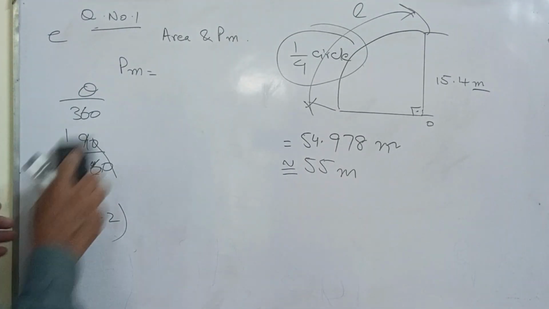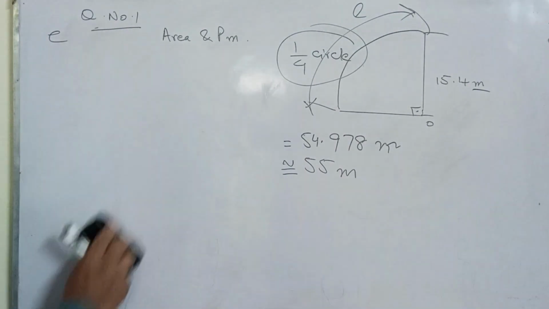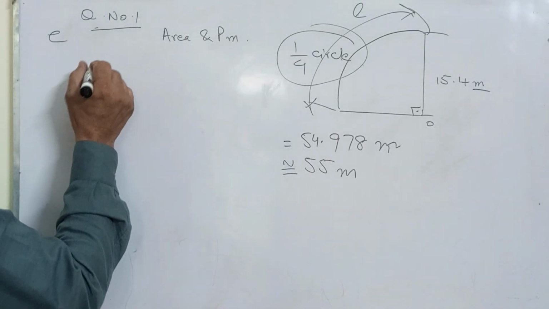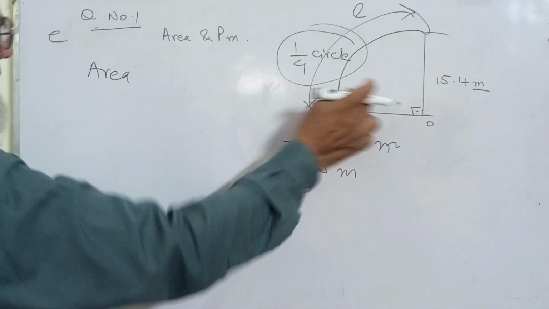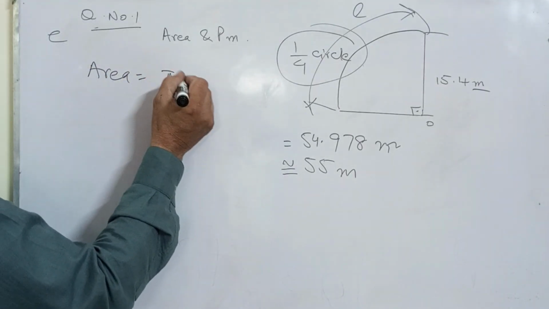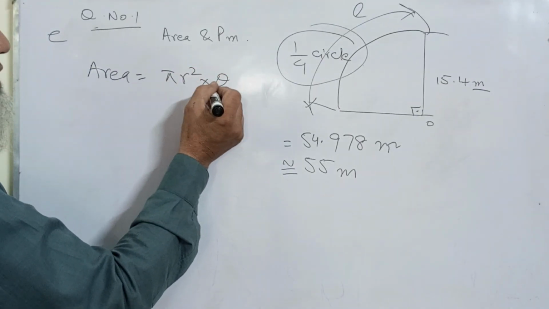The area of this is pi r square multiplied by theta upon 360.